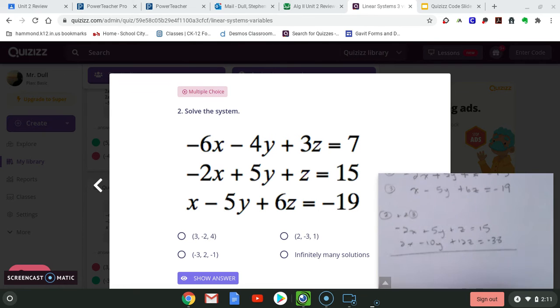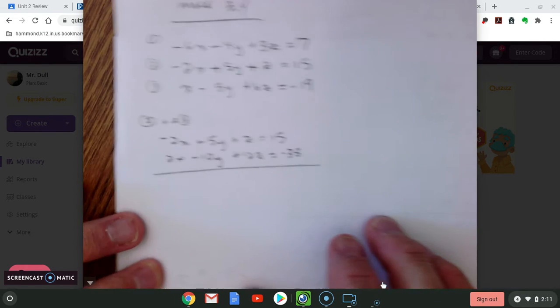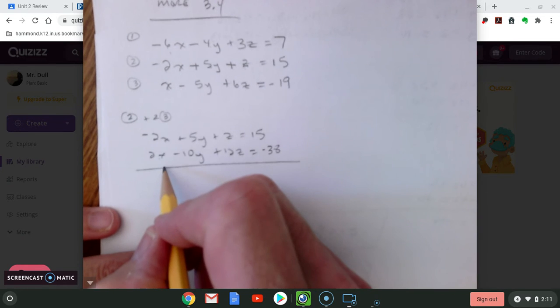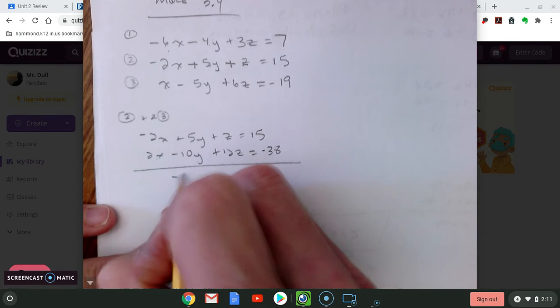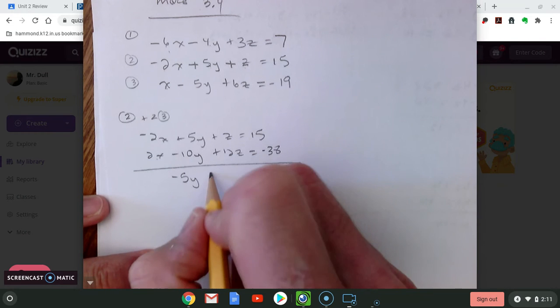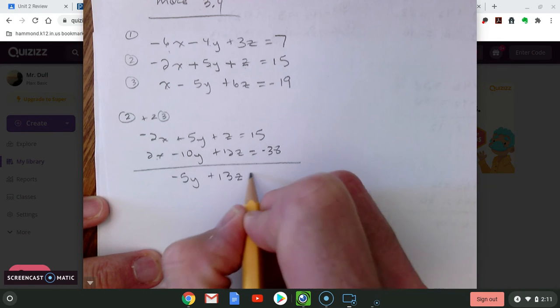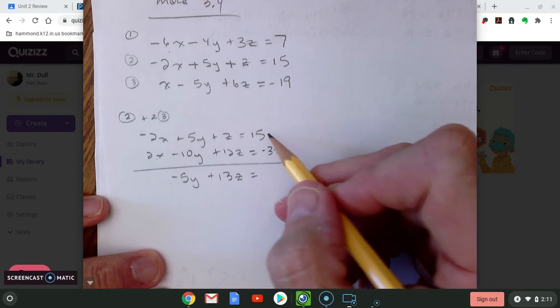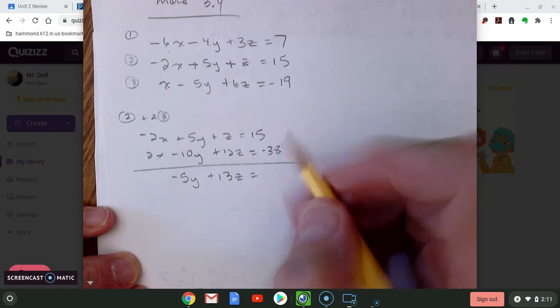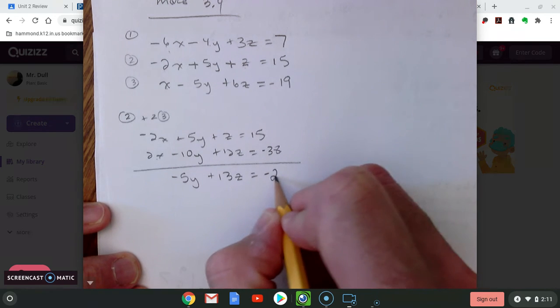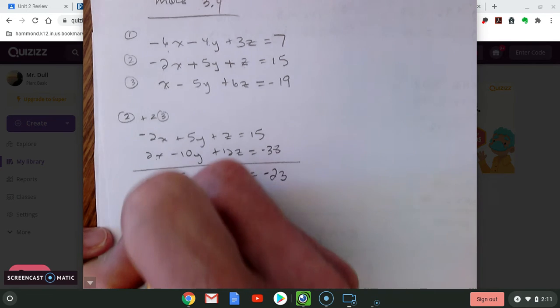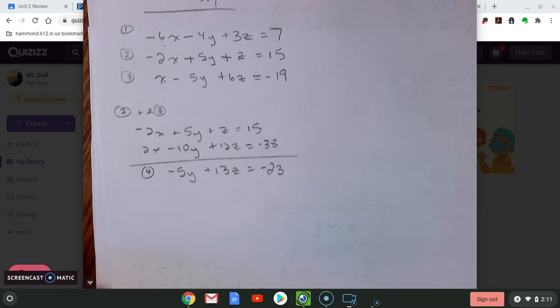Positive 2x, negative 2x, that goes to 0. Positive 5, negative 10, I have a negative 5y plus 13z. And then positive 15, negative 38, that's going to give me negative 23. So that's my equation 4.